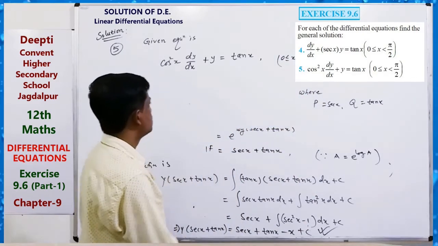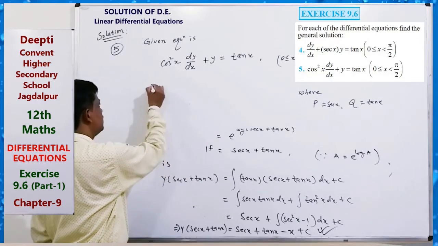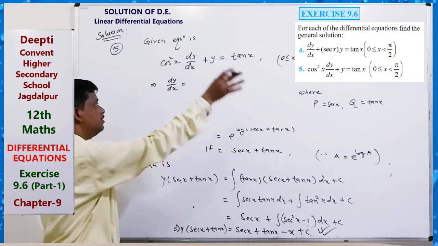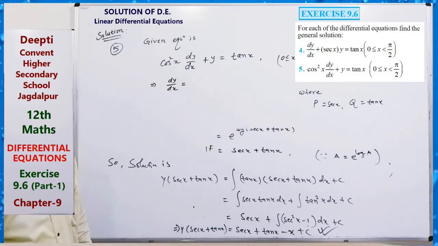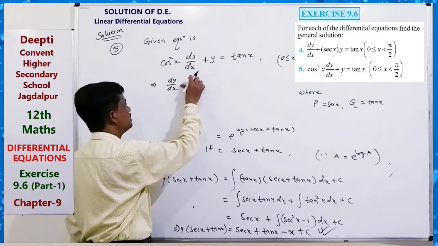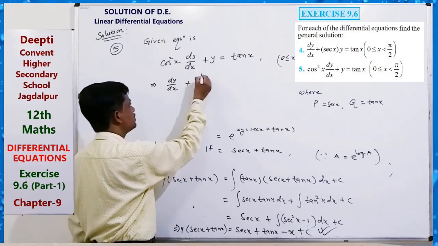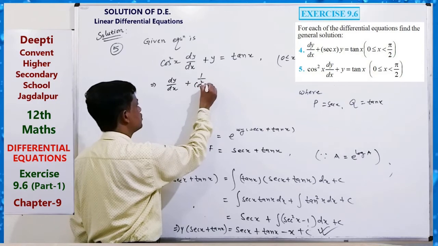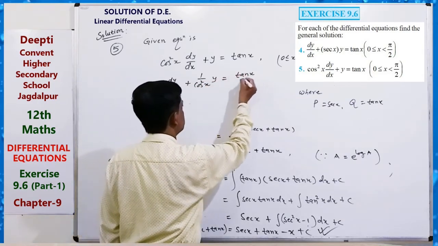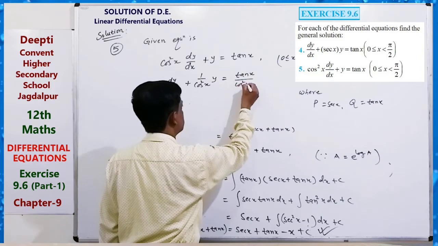So here also we can write it like this. Divide this equation by cos square x. So dy by dx plus 1 upon cos square x into y equals tan x upon cos square x.